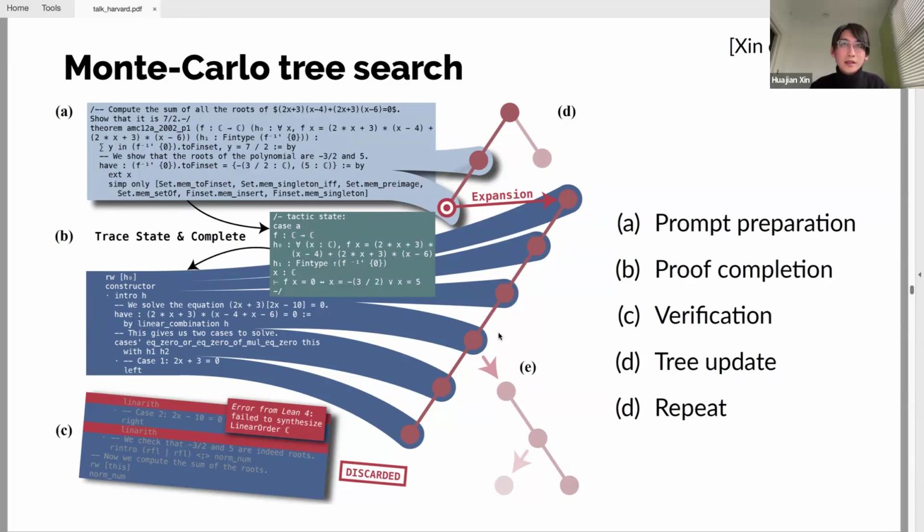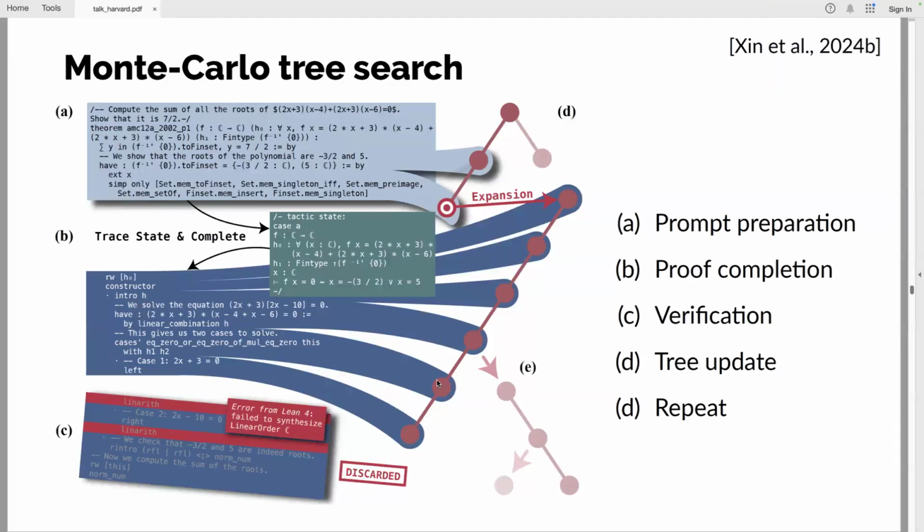In the tree modification or tree update, we parse this newly generated code into isolated tactics, and each tactic corresponds to one node in the tree. After parsing and tree update, the situation is very similar to the traditional method of performing a tree search.